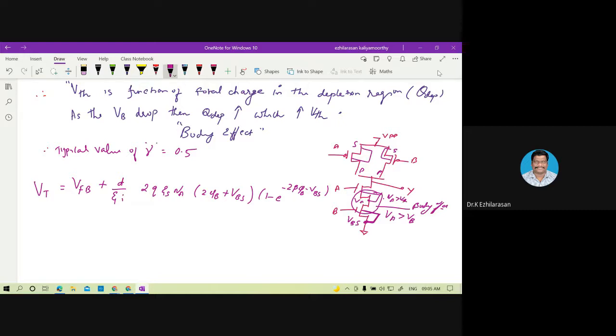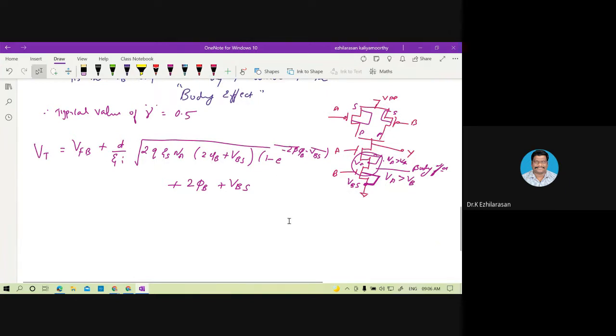This will come in the root, plus 2 phi B plus VBS. Like I said, the additional term we added here is for the body effect parameter. You can see this in the figure: 2 phi B plus VB.